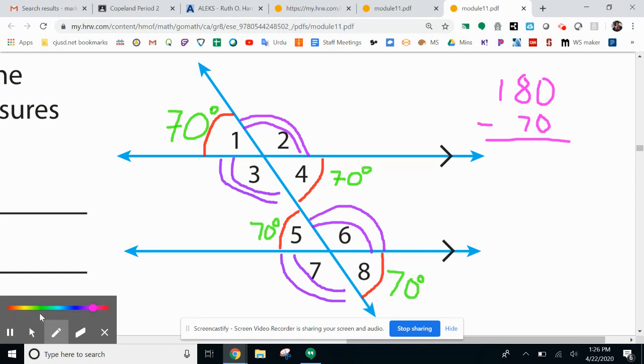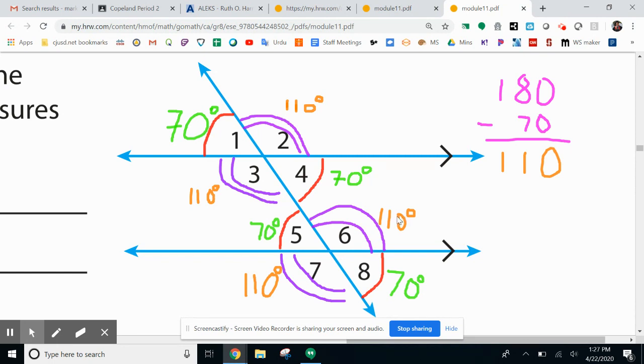And that gives me, there we go, 110. So now 110 is my angle measurement for these purple angles. And that matches with 2, 3, 6, and 7. So now all my purple angles are 110 degrees.